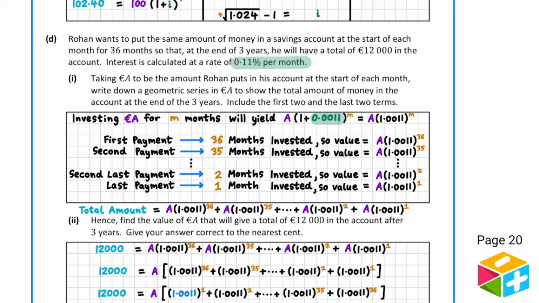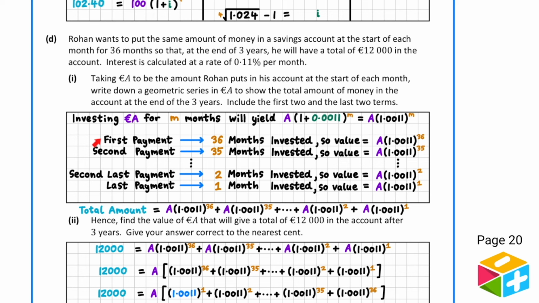This means that if we invest a starting value of €A for a time period of m months, the amount of money it will yield is A times (1 plus 0.0011) to the power of m. Performing the addition in the brackets, this simplifies to A times 1.0011 to the m.